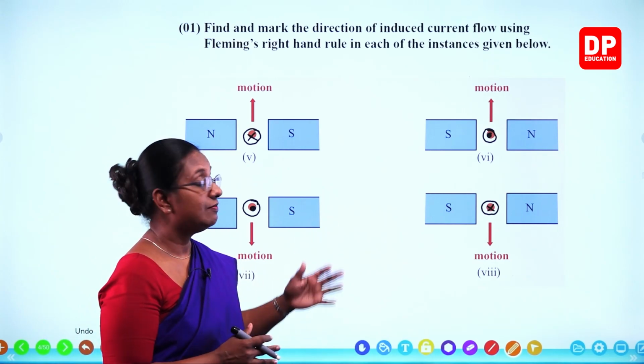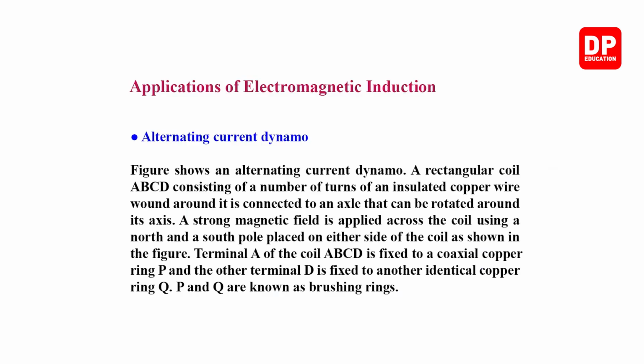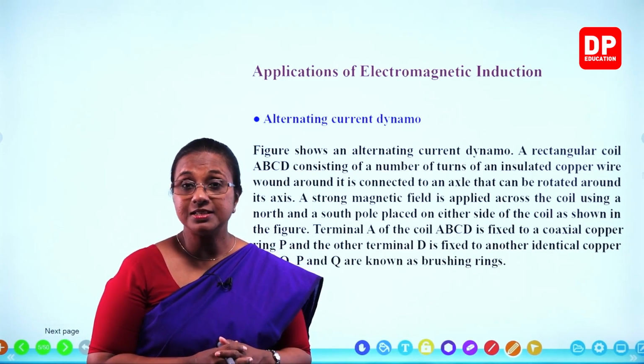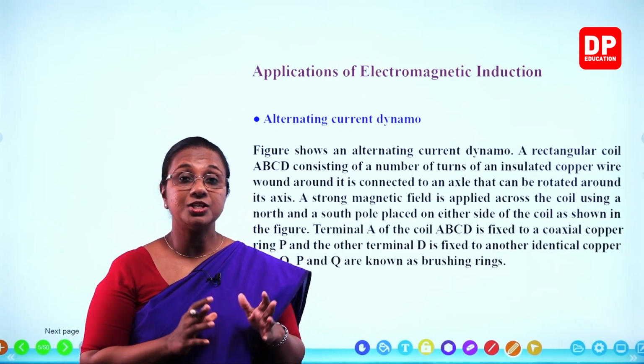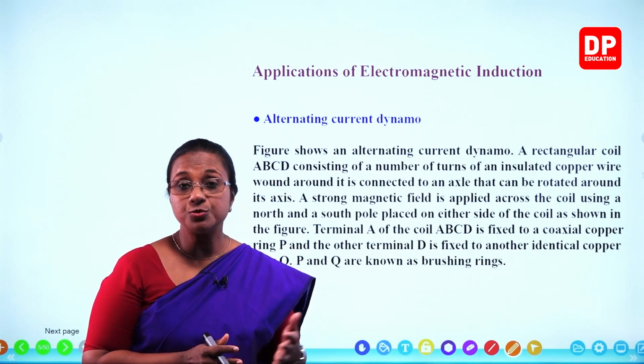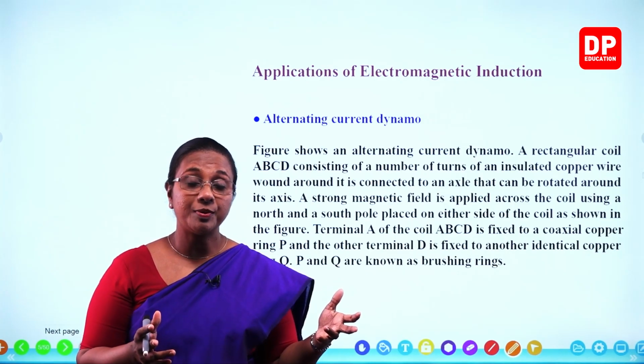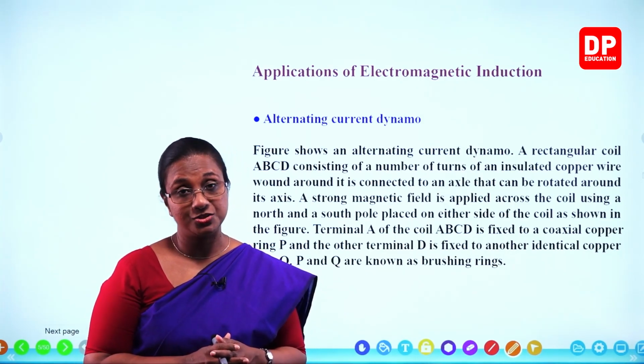So with that, we will move on to the next slide. So here we look at the applications of electromagnetic induction. Under that, we have the first application, alternating current dynamo. Now when we discussed electromagnetic induction, I told you all, you can remember, when we use different sources to produce electricity, oil, nuclear power, even hydropower, I mentioned the turbine to you.